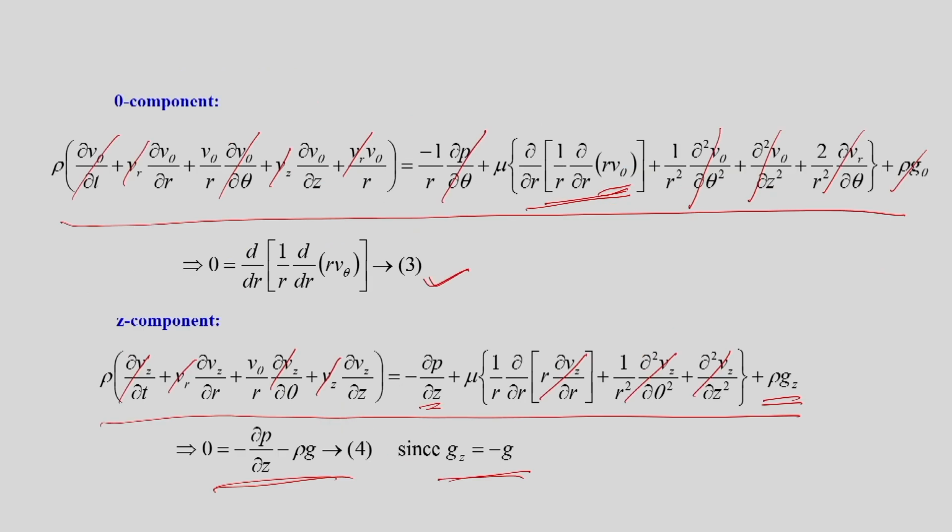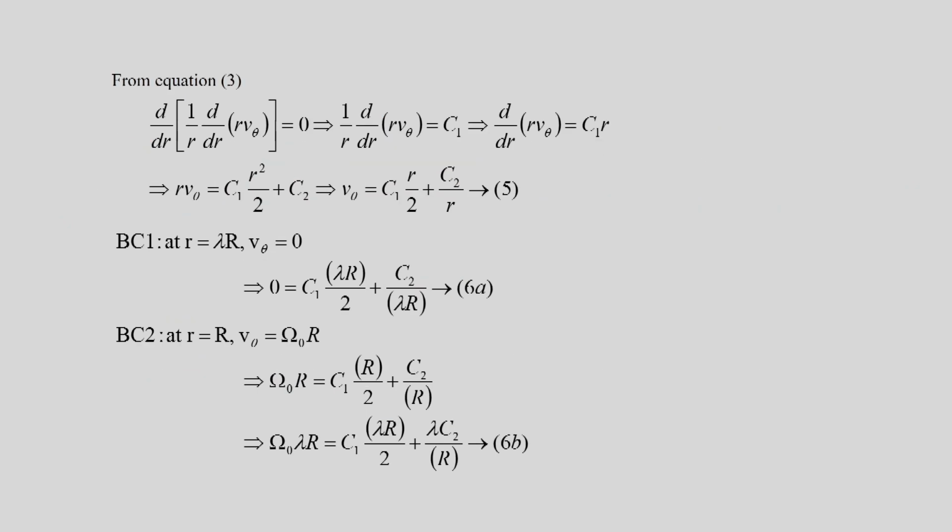Now, what we do, we take this equation number 3 and do the integration and obtain the integration constants by applying the boundary conditions in order to get the final velocity profile as a function of r. From equation number 3, d/dr (1/r d/dr (r vθ)) equals 0.